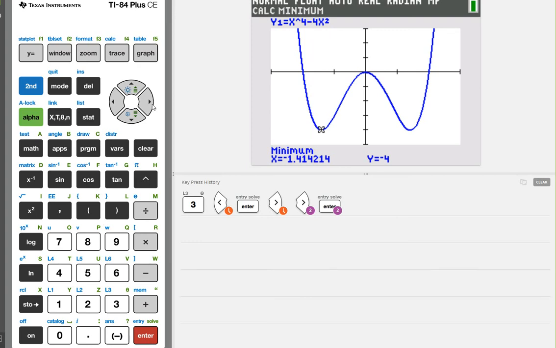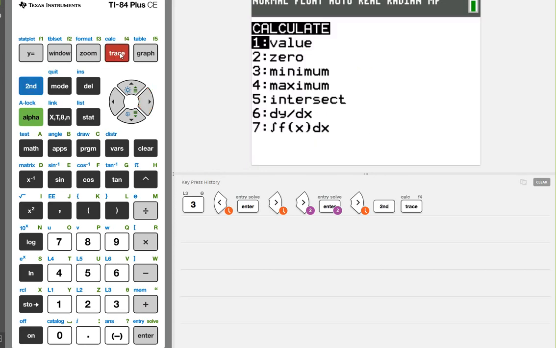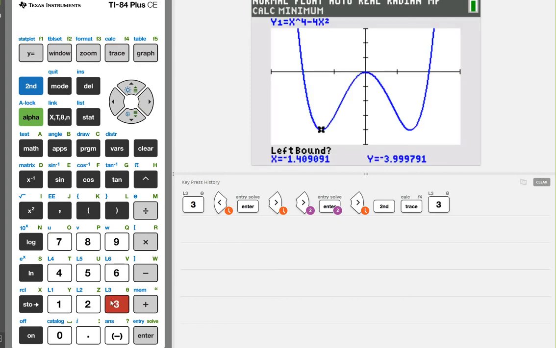Let me show that to you once again. So hit the second key, then the calculate menu, the second key and then trace. Minimum is number 3. This time, let's find the minimum over here. I'll show you a little trick. If you're asking for a left bound, instead of using the cursor, you can just type in a number.